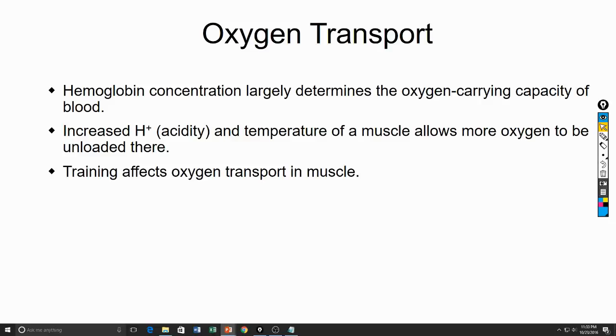But you can have some difference in the affinity of hemoglobin for oxygen, depending on things like acidity, temperature, pressures, that sort of deal. And also training: those who are more trained have a better capacity for oxygen transport.